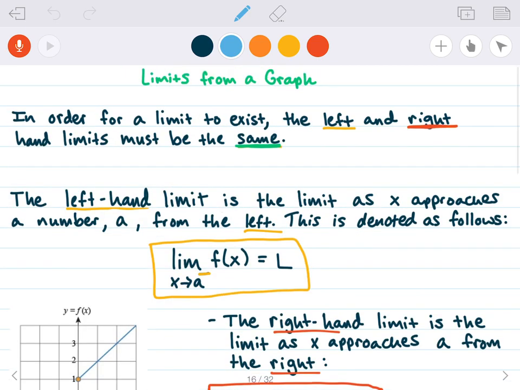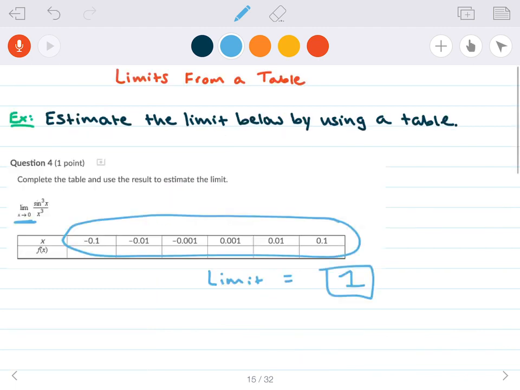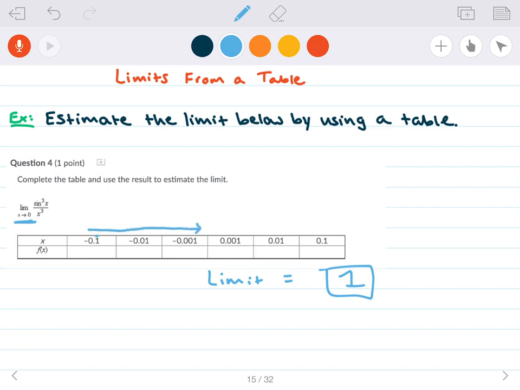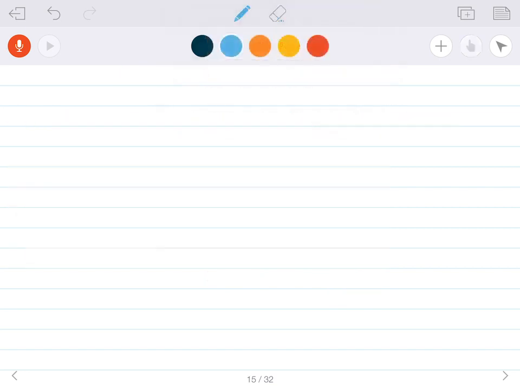Alright, so now we're going to talk about taking limits from a graph. And so we need to define one-sided limits. We need to talk about the left limit and the right limit. So right here, I mentioned the left-hand limit and the right limit when going to 0. So when you're going to 0 for the x values, coming from the left, you're coming this way in the negative direction.